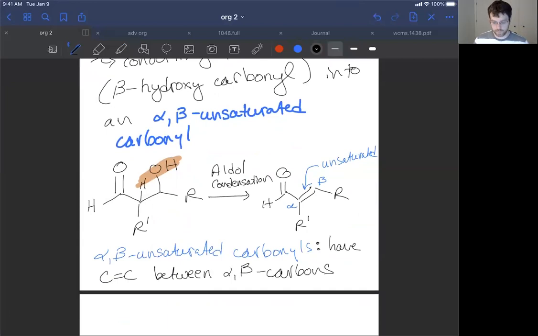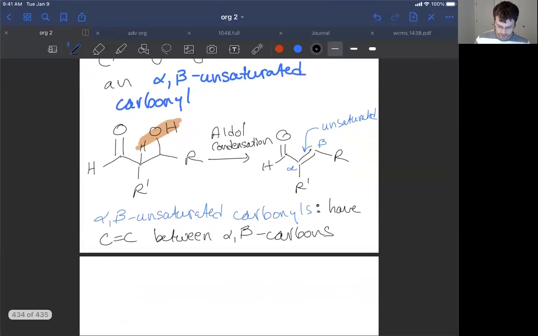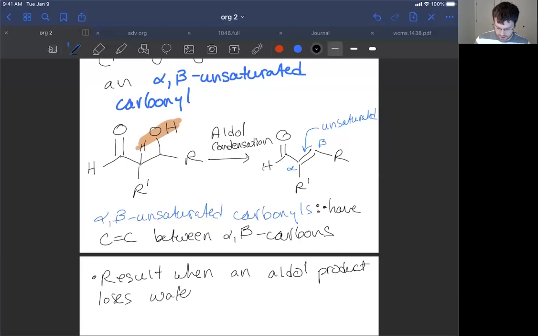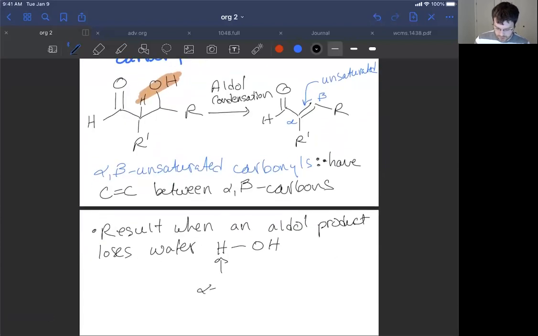They result when an aldol product loses water. What we get is HOH, where one of the H's was once an alpha hydrogen.